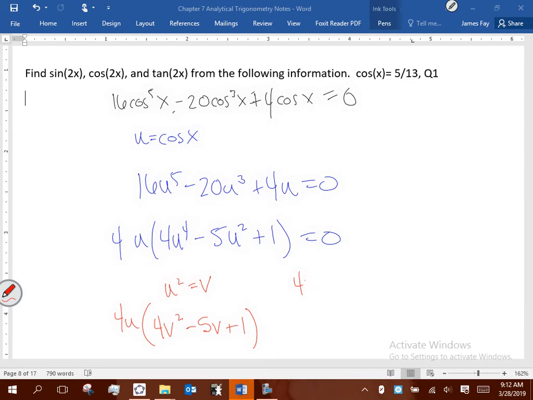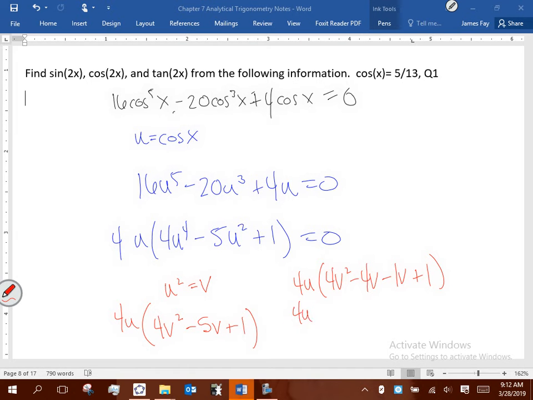So then we'd have 4u. Does this thing factor? Can I go 4 times 1 gives me 4, right? Does negative 1 times negative 4 work? Can I rewrite this as 4v squared minus 4v minus 1v plus 1?